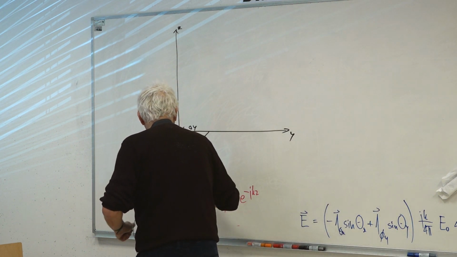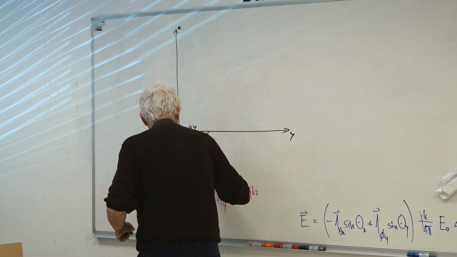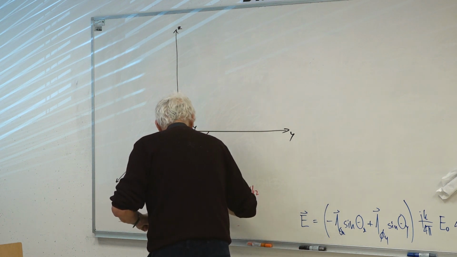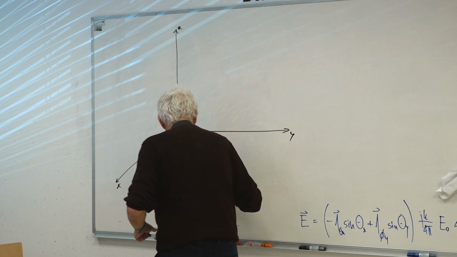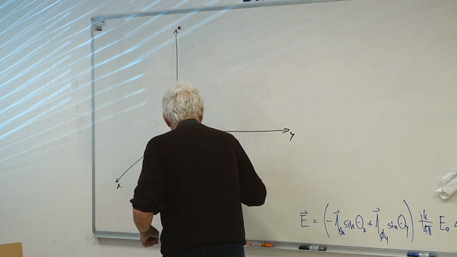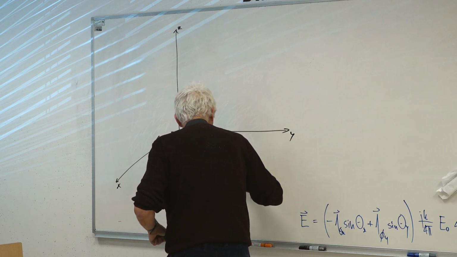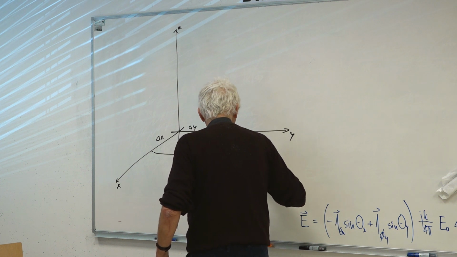The corresponding magnetic field should be minus 1x. So this was E0, H0. H0 now is minus 1x E0 over Z0 if it's free space, e to the minus jkz.